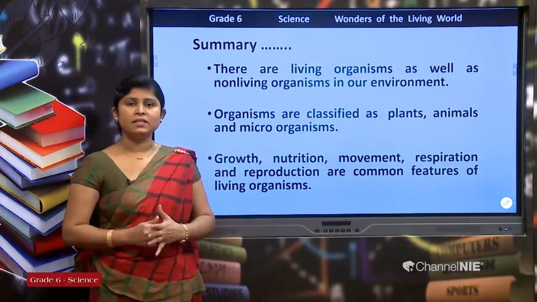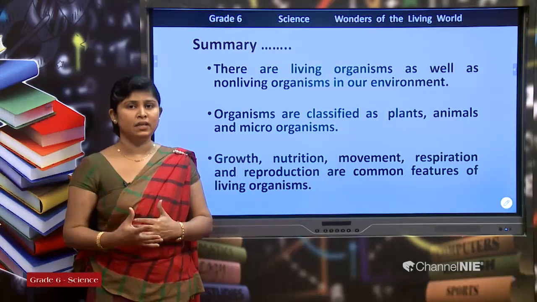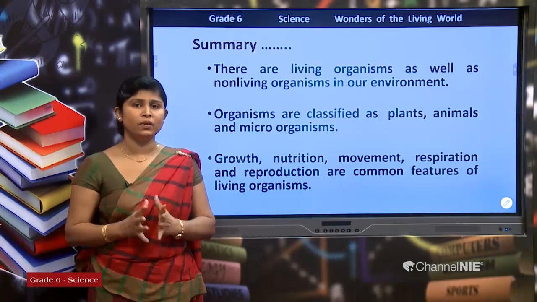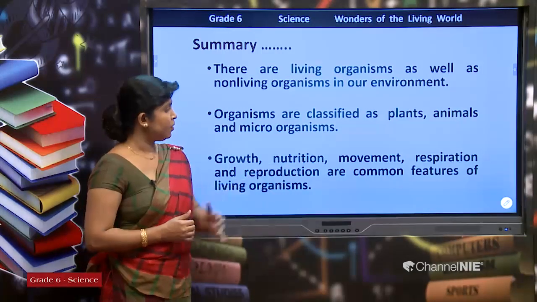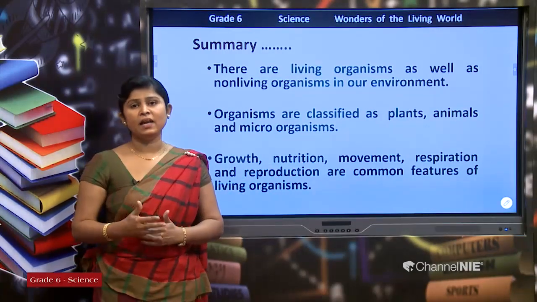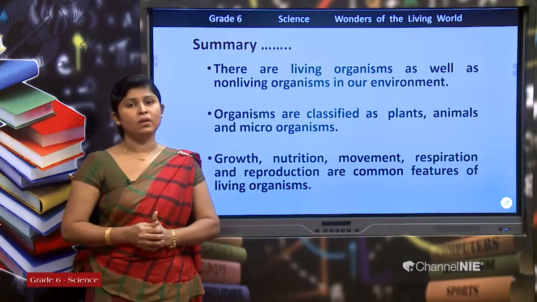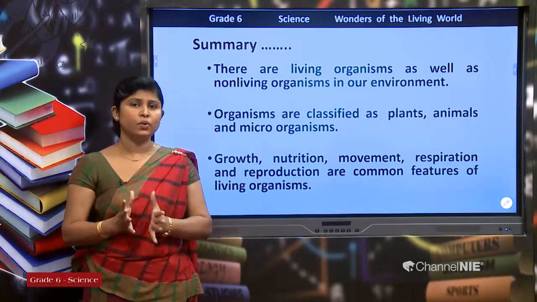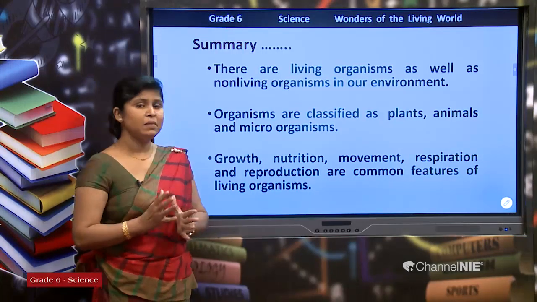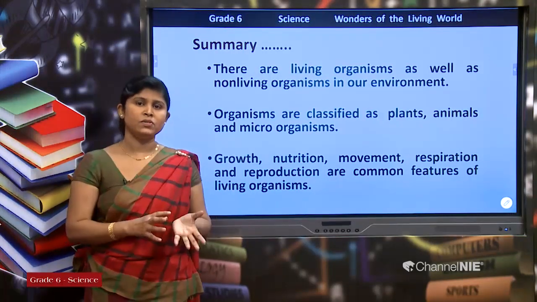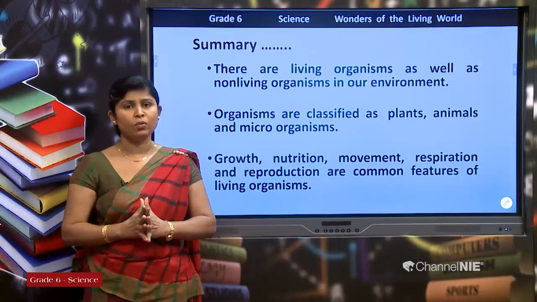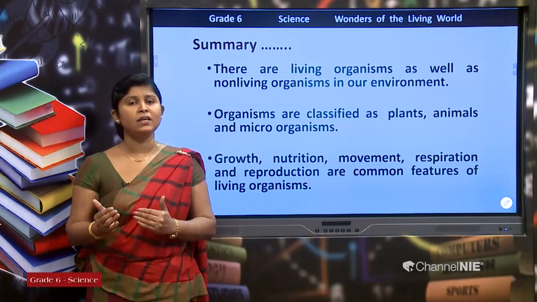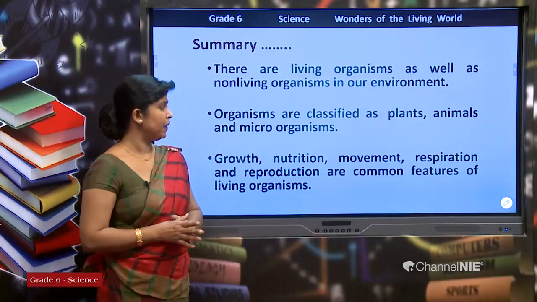Nutrition is satisfying the food need of animals. The plants also show nutrition. Then movement. We learned that there are different methods of locomotion. The plants as well as animals show movements, and animals can go from one place to another, that is known as locomotion, but the plants can show only movements, they can't show locomotion.